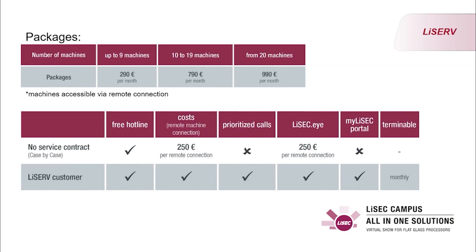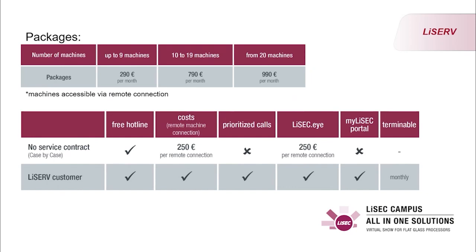What is included, as I said already, you can see on the bottom, with the LiSERV customer, you have the free hotline. This will always stay free of charge. So if you only have a few questions on your phone, there are no charge to it. Of course, all the remote connections are included as well. You have the priority phone line, you have the LiSEC guy, and of course, you have the customer portal.